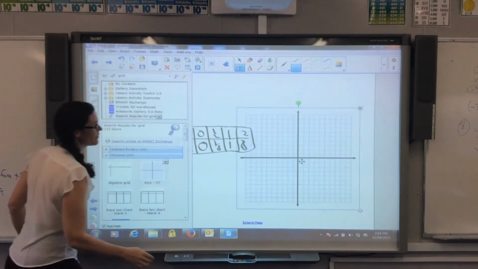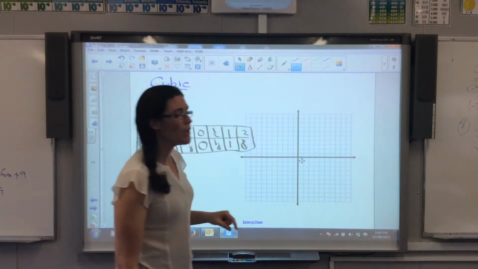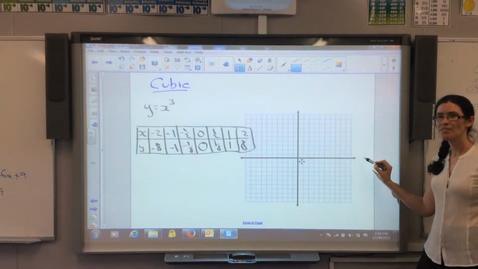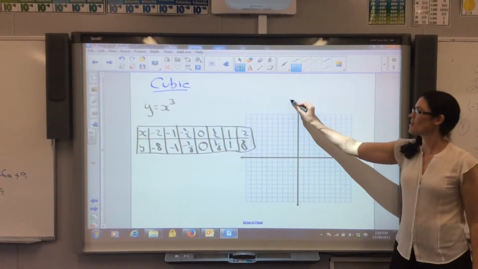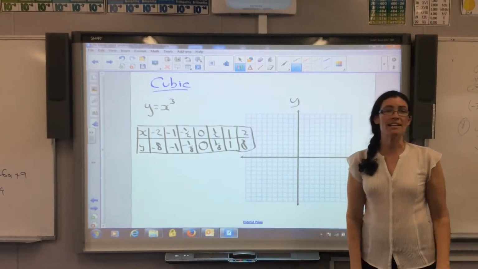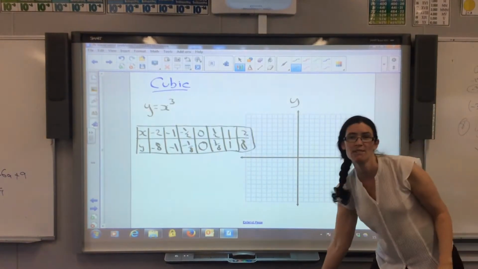On my axes, which one's this? Is it x or y, Callum? Y. X is across and this is y. So my first point is -2, -8. Now, I left -3 off because that gave me -27 and I do not want to draw -27 on that.